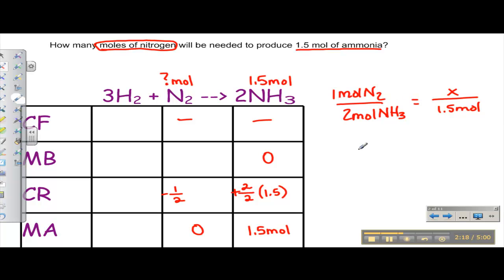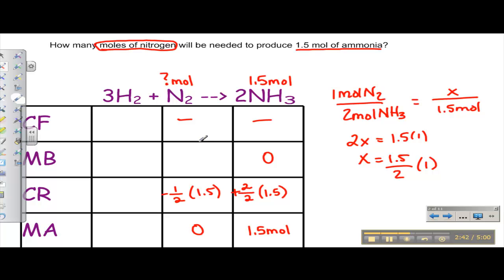And if we do this math, you get 2x equals 1.5. So to solve for x, we divide both sides by 2. So x equals 1.5 over 2 times 1. So 1 over 2 times 1.5 goes in the box.